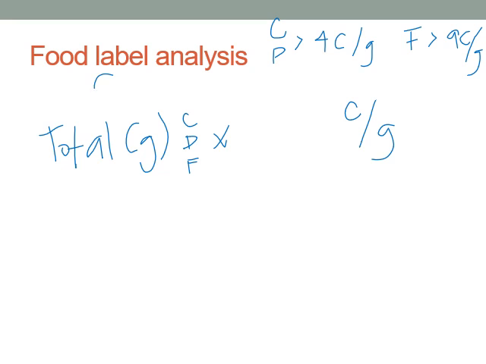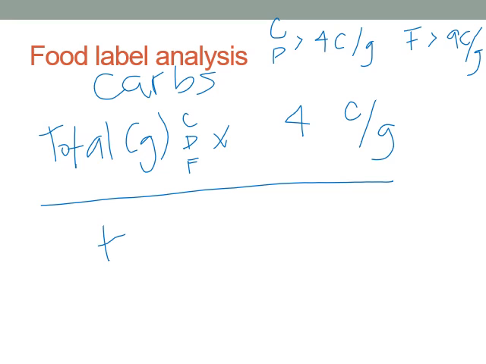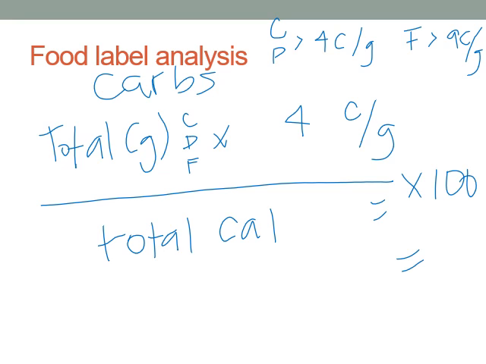If we're doing this for carbs, then it'll be 4 calories per gram, and then we're going to divide by the total calories, okay? And then you're going to multiply that by 100. That will give you your percent of the calories from that unit. So if we're doing carbs, it would be percent calories from carbs. So hopefully that makes sense.